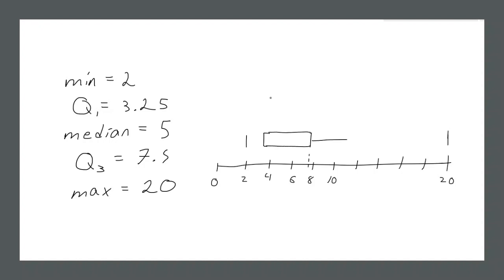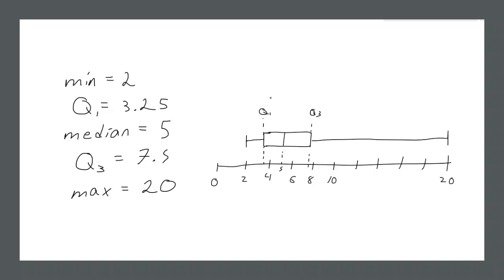And we connect, these are called whiskers, with the box, and then a line passing through where we have our median. So that right there, this is 5, this is the location of Q3, and this is the location of Q1.